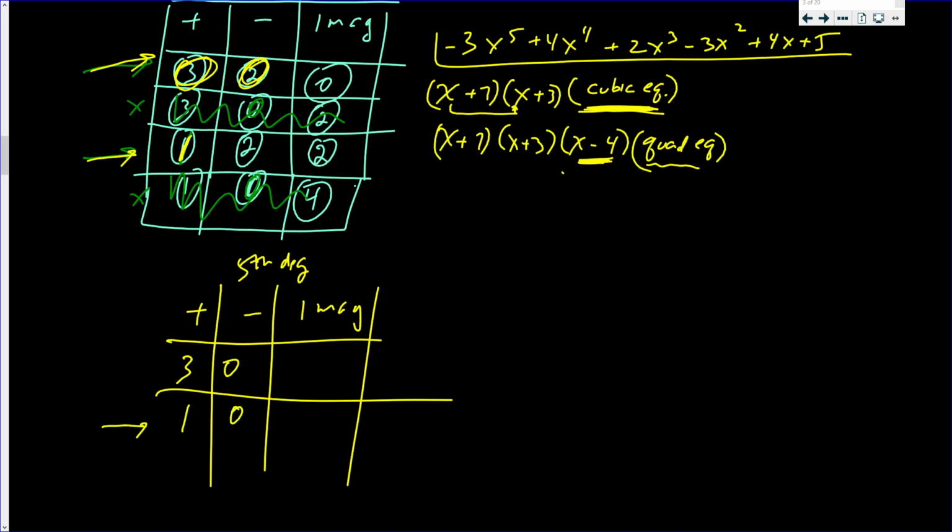You know it failed because you already found more than 1. You found 3 positive roots. Now, the thing is, do you bother to look? Let's suppose it was this. 3, 1, and 1, 1.